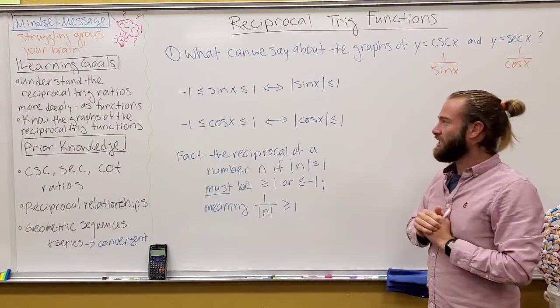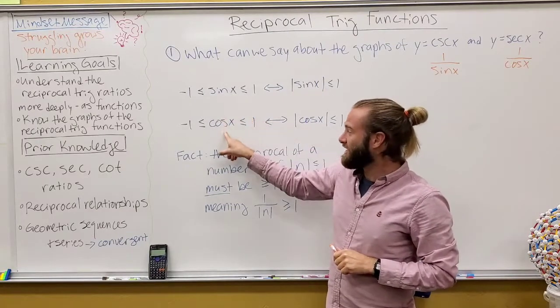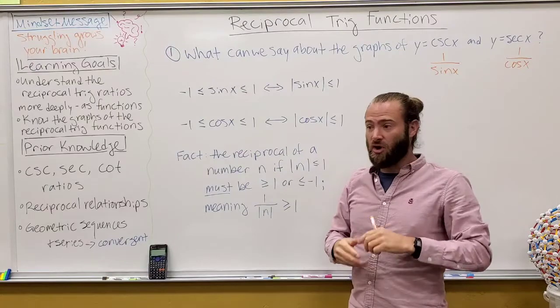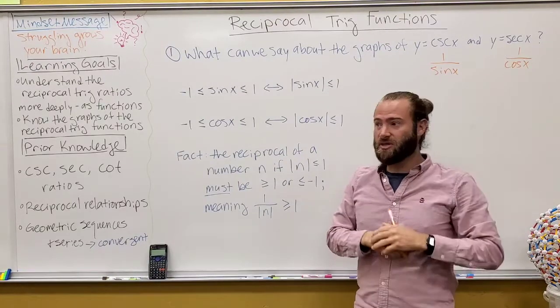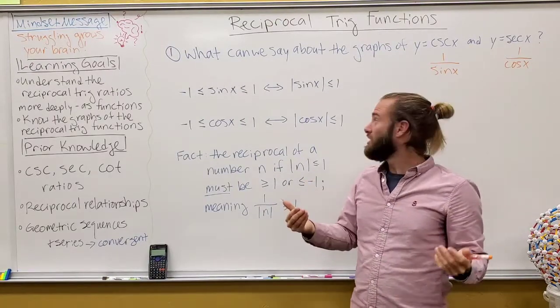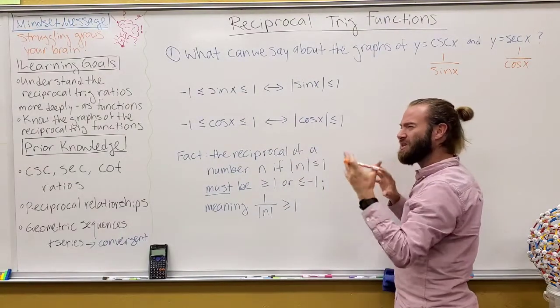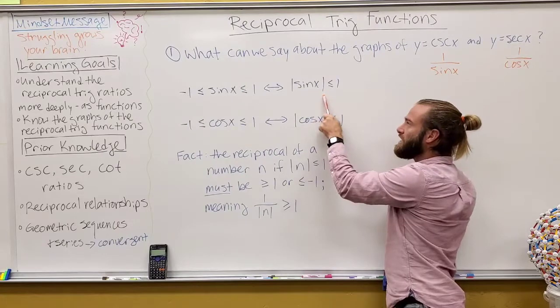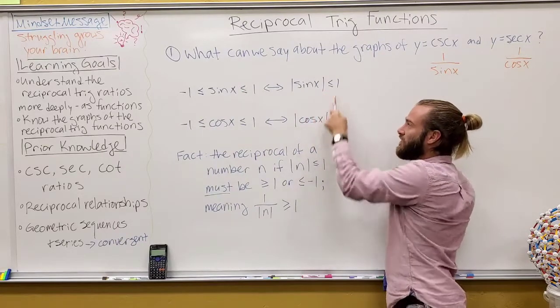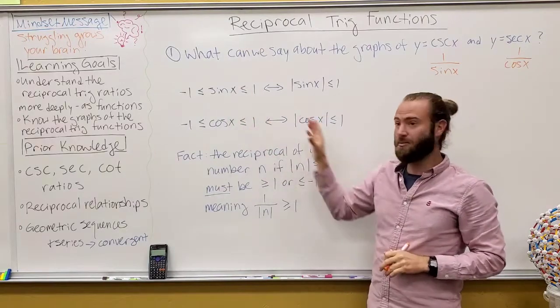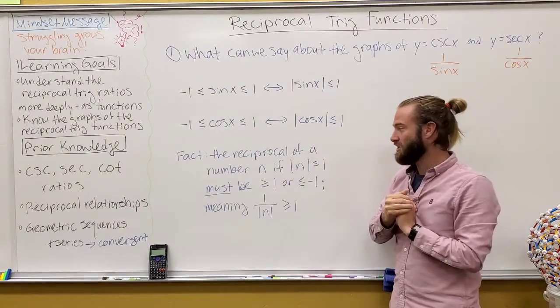Here's the first thing I want to tell you. First of all, we know that sine x and cosine x both are bound between -1 and 1, right? So they're always oscillating back and forth between those numbers, so that means that's their range. Another way to say this, if you remember what you've learned about absolute value, usually in Algebra 1, is that the absolute values are less than or equal to 1. That's equivalent to saying this, okay? So I'm going to use the absolute value definition here.